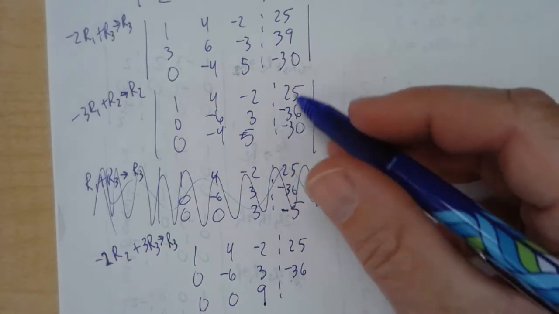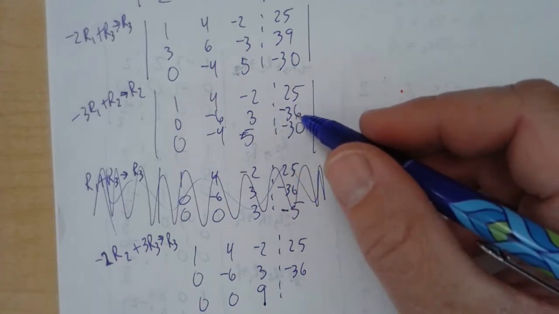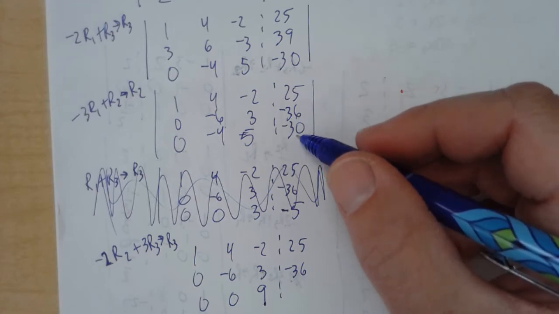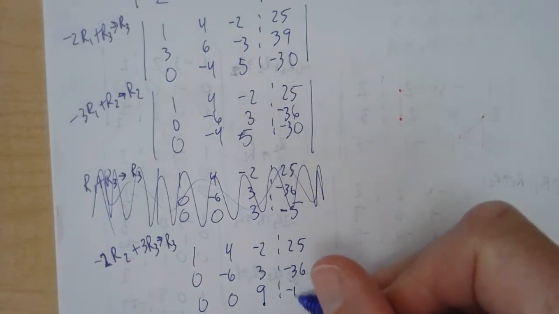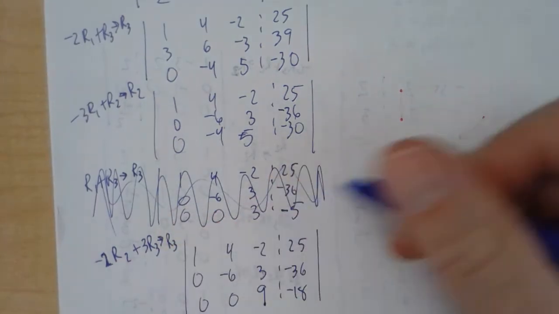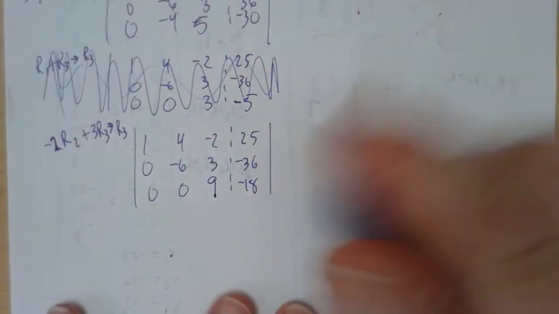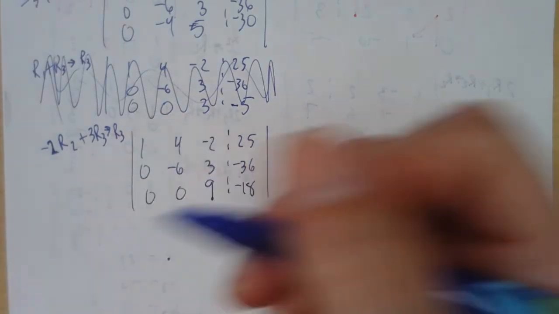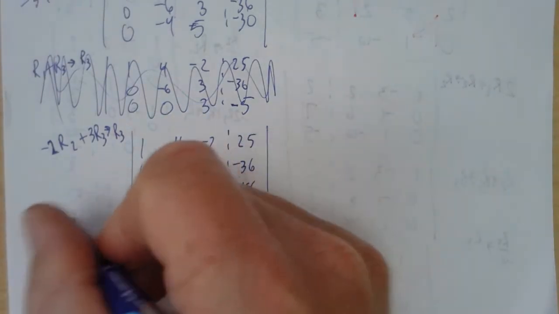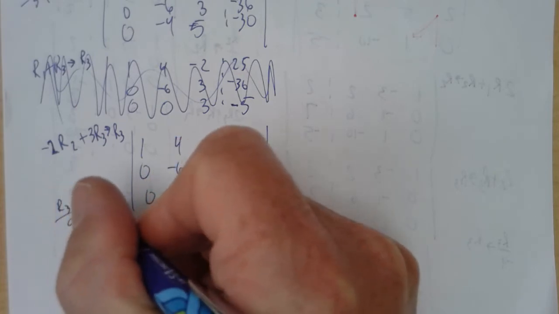And then negative, that'd be 72. And then negative 90 would be negative 18. Oh, thank God it works out. Yeah, that works. Because I'm going to divide by 9, make that a 1, and then that's now negative 2. So it's 9 divided by row 3. Put the answer into row 3.